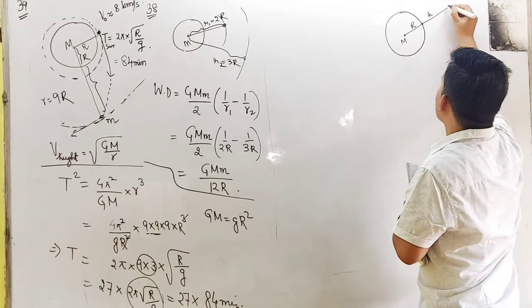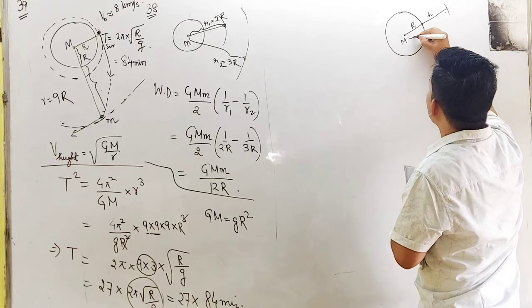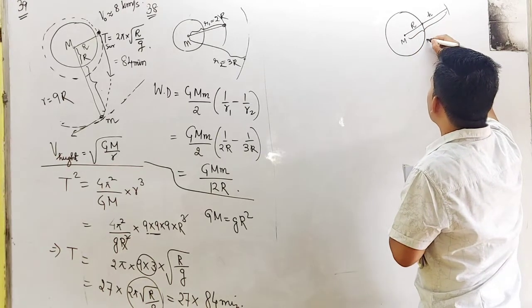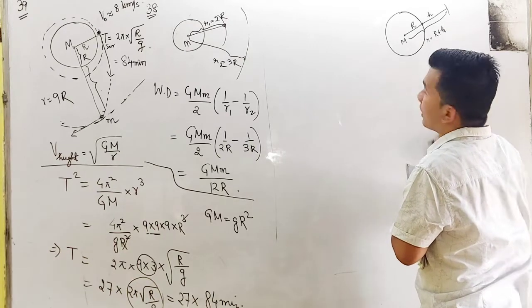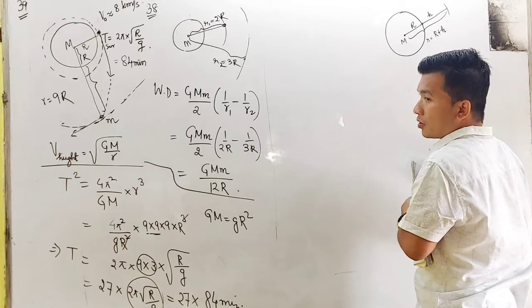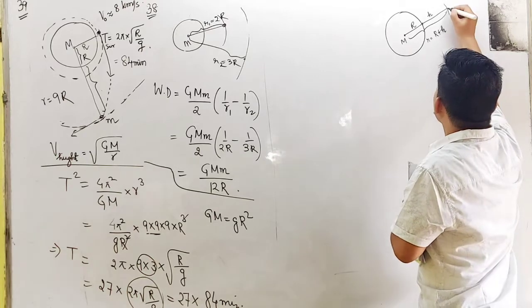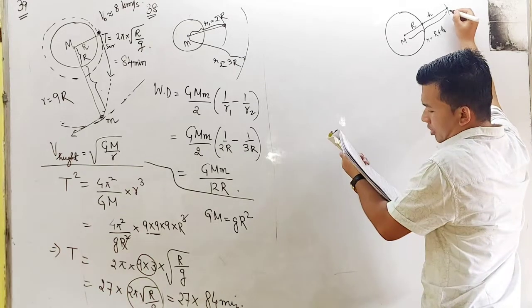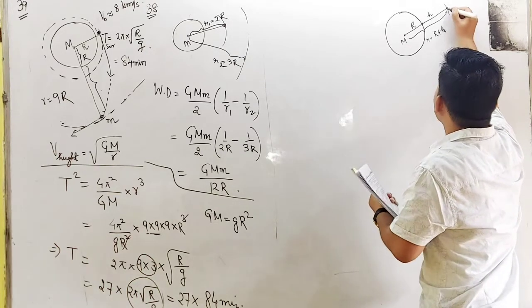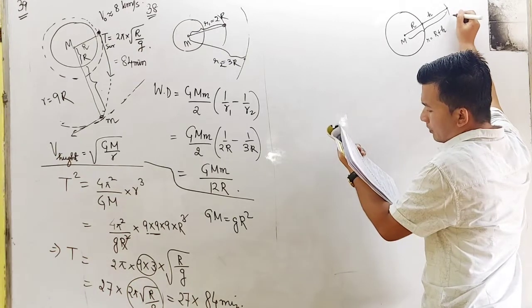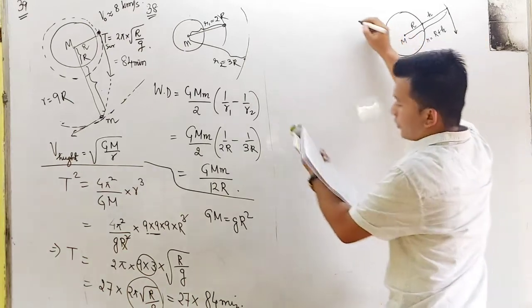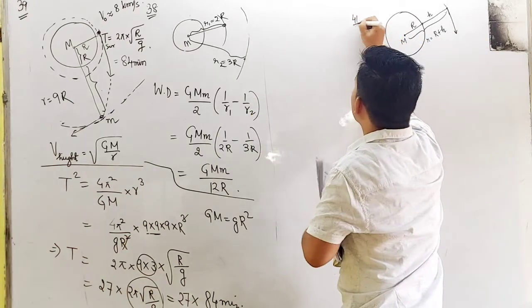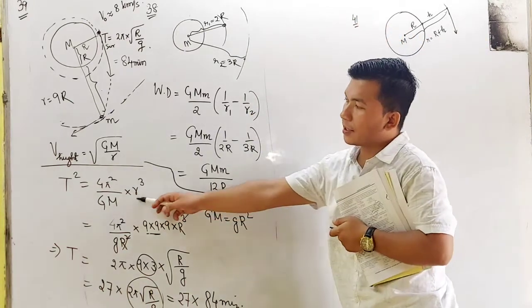So the effective distance small r will be equal to R plus h. What must be the time period for any satellite for your question number 41? It will be this formula.